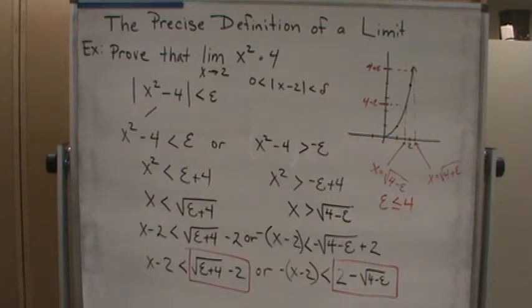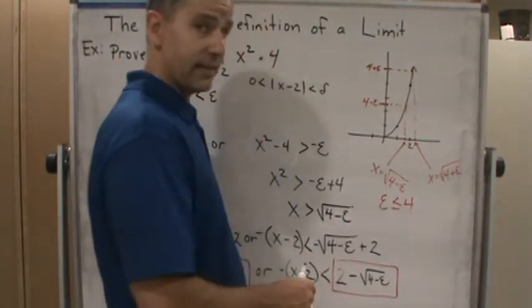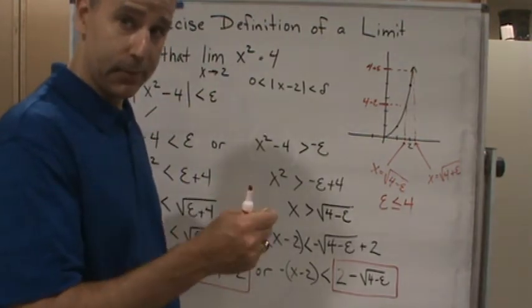So think about this. If we choose a delta that's positive that works for epsilon less than or equal to 4, then obviously it will still work for epsilon greater than 4 as well. Now, it's okay at times and sometimes necessary to put an upper bound on epsilon.